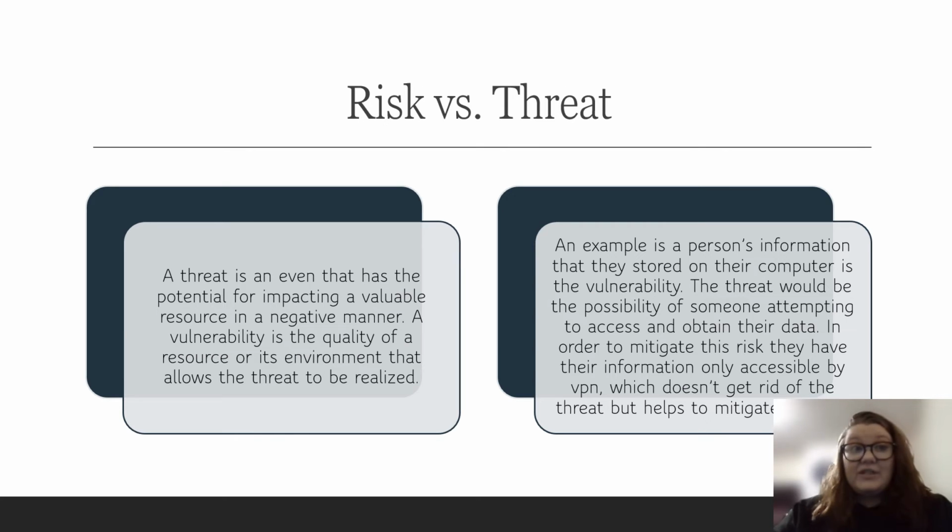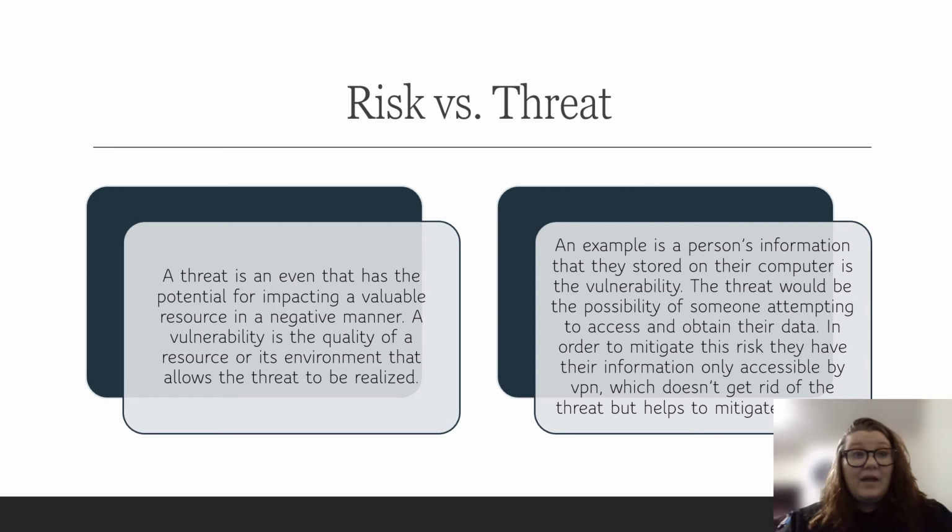So now to understand, what is the difference between risk versus threat? A threat is an event that has the potential for impacting a valuable resource in a negative manner. A vulnerability is the quality of a resource or its environment that allows the threat to be realized.